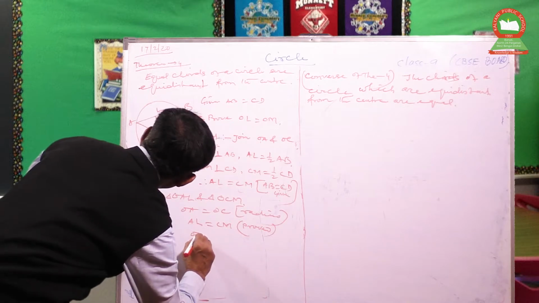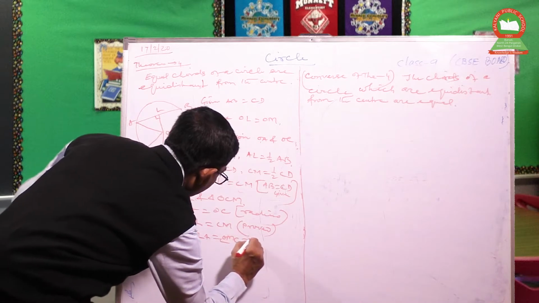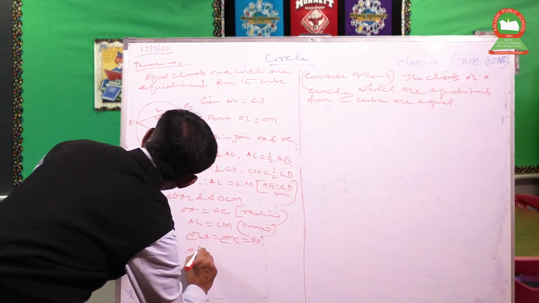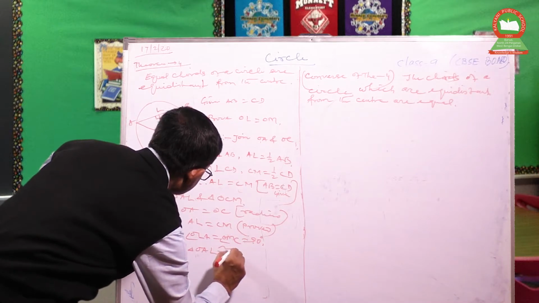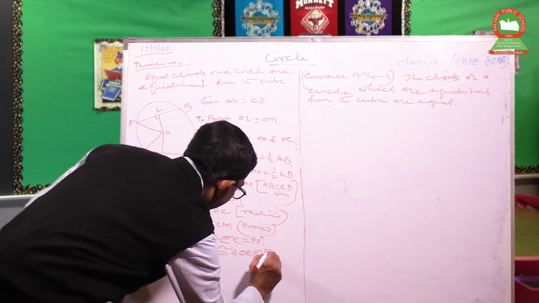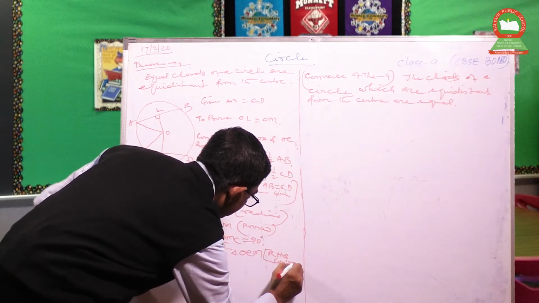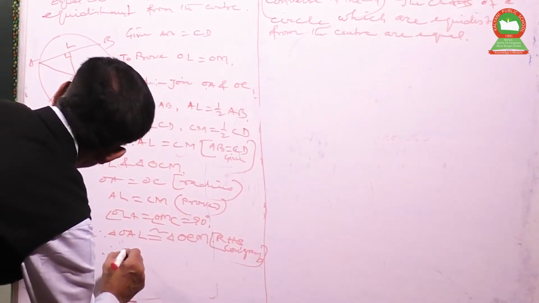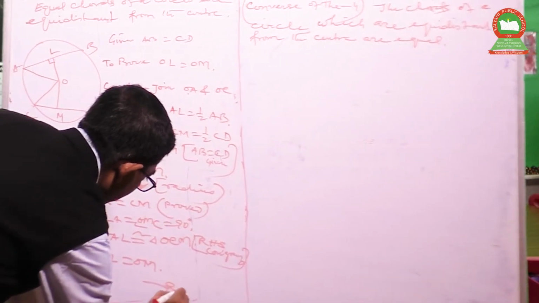And angle OLA equals angle OMC equals 90 degrees. Therefore, triangle OAL is congruent to triangle OCM. This is RHS congruency. Therefore, OL equals OM. This is proved.